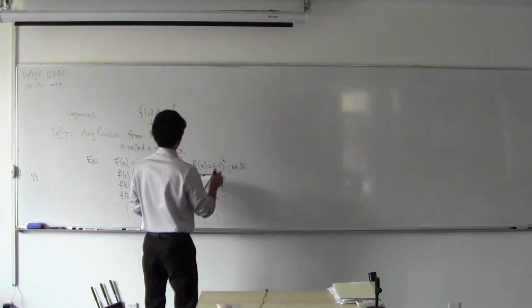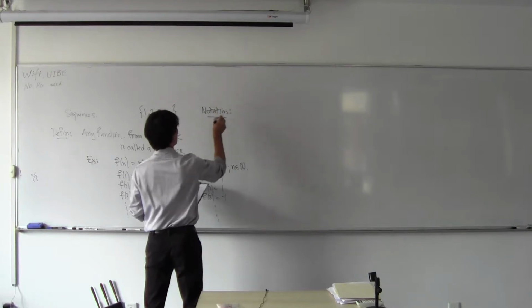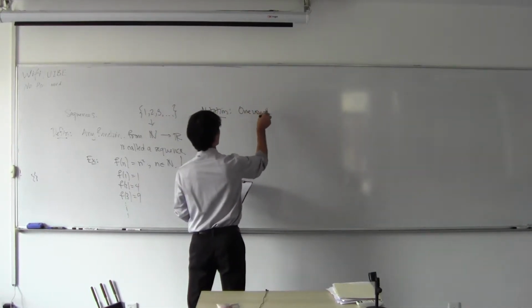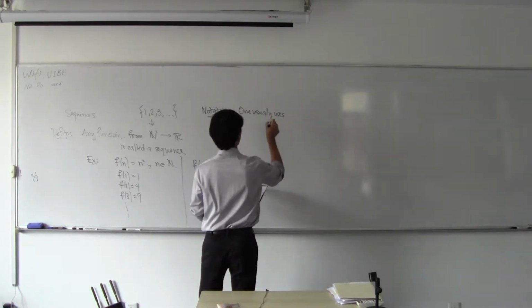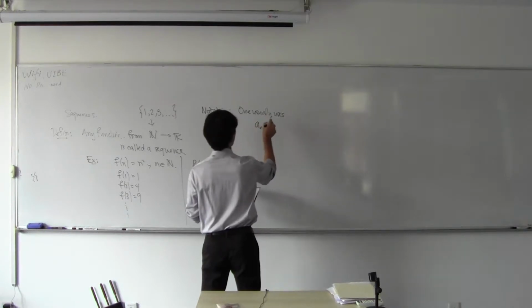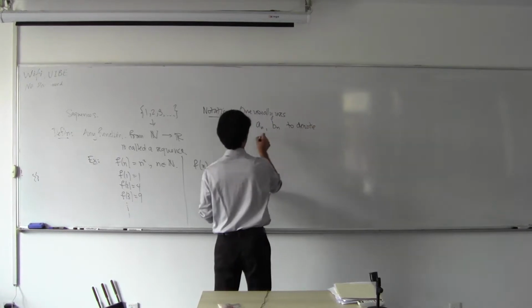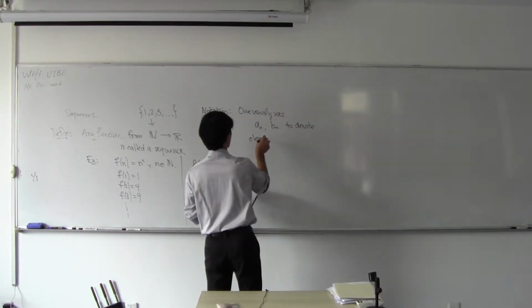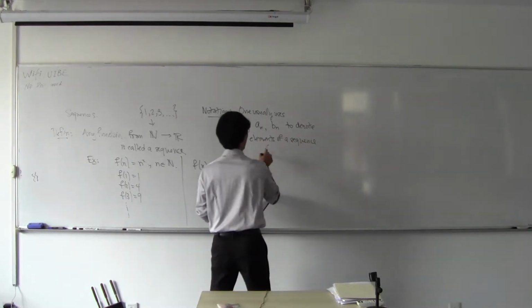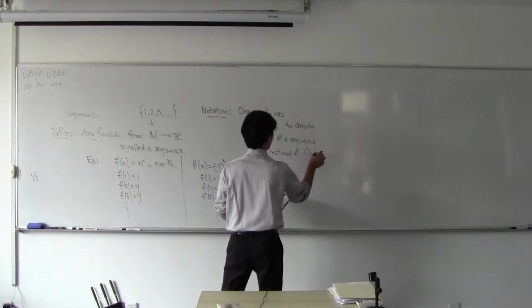Just a remark on notation. For notation, one usually uses a sub n, b sub n to denote elements of a sequence, instead of f of n, g of n.